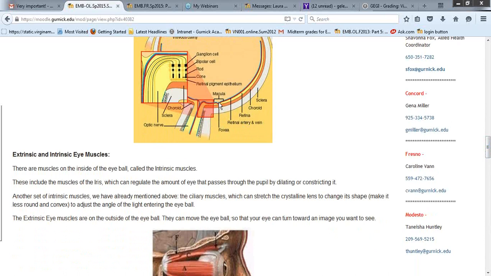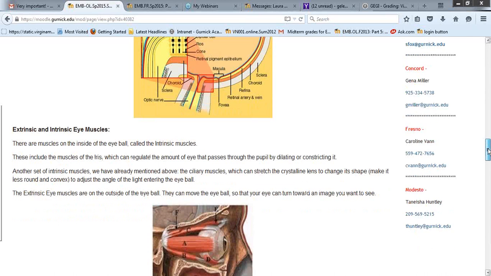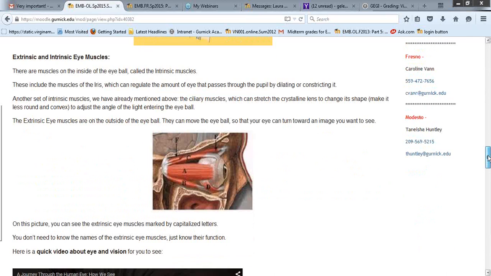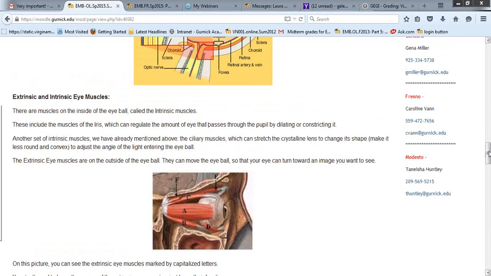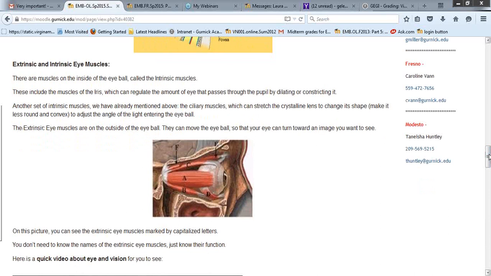The fovea is an indentation in the macula where you have a very high concentration of photoreceptors, and you use that spot for reading, watching TV, looking at things and noticing details in the images that you see. For example, right now you're watching this video, and you can either read or at least see the images here. So you're using the fovea in your eye retina to see all these images.